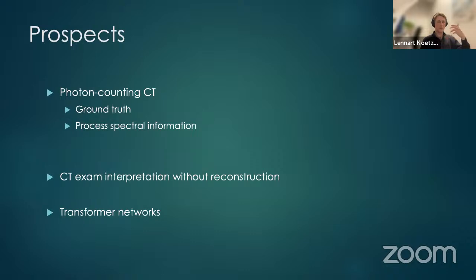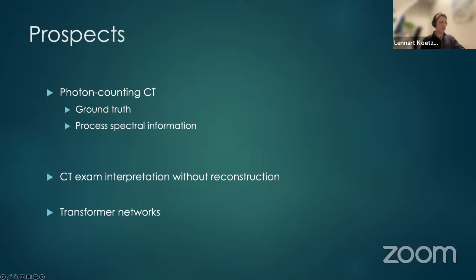Transformers require more training data, but they are also able to outperform the state-of-the-art networks like the CNNs and the UNets. And I think in future iterations, these DLRs will be built on these new transformers.